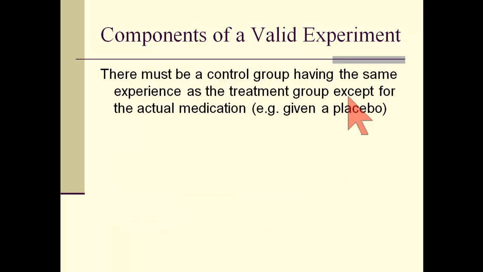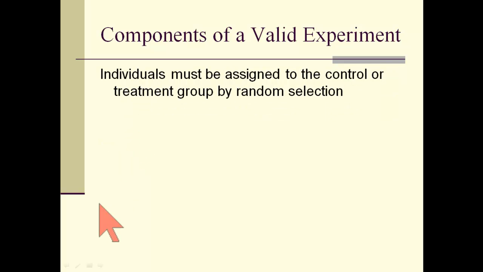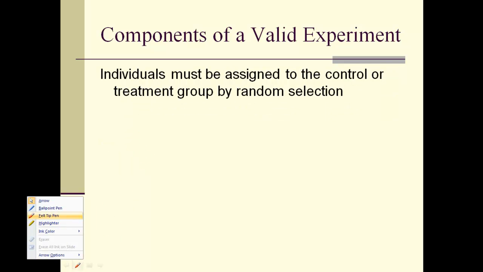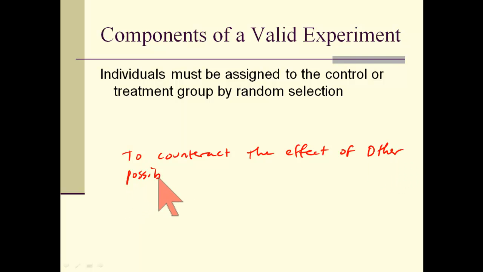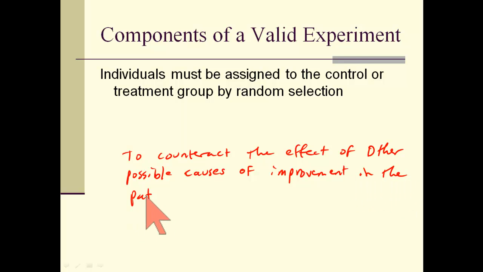So why must there be a control group? Well, to counteract the effect of other possible causes of improvement in the patient.